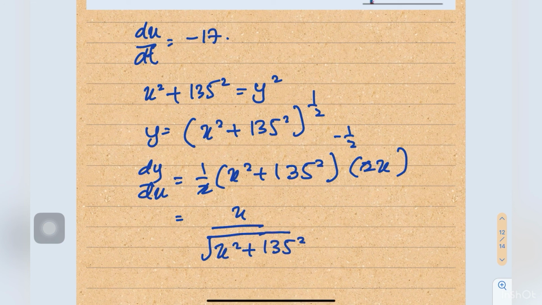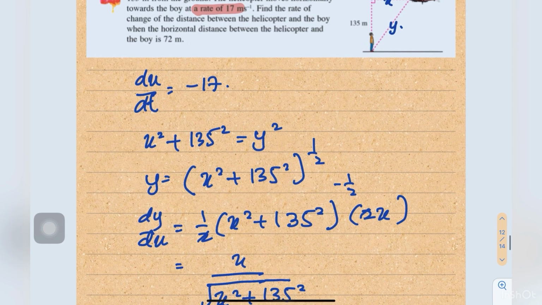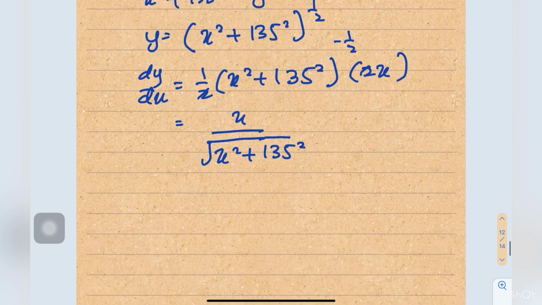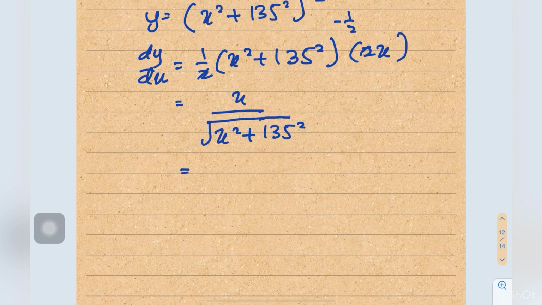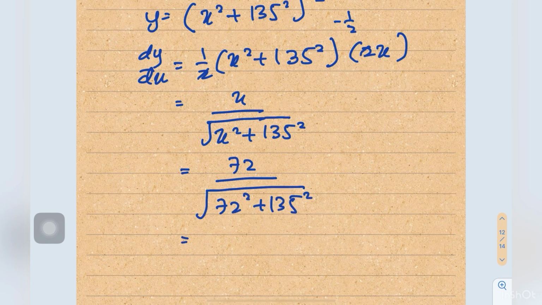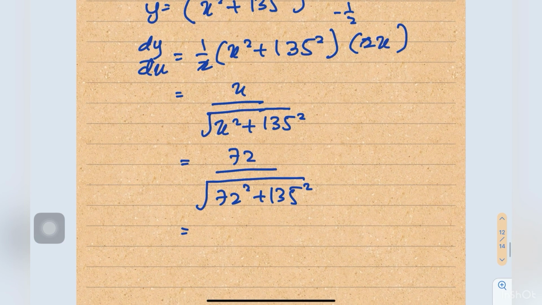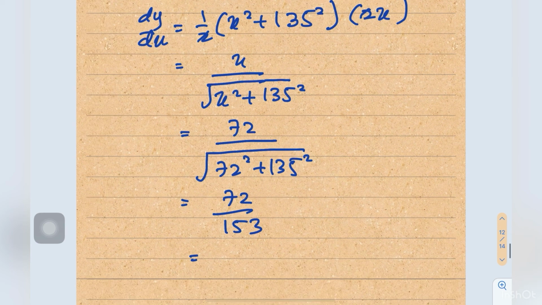Given x is 72, we substitute: 72 over the square root of 72 squared plus 135 squared, which is 72 over 153, is 8 over 17.